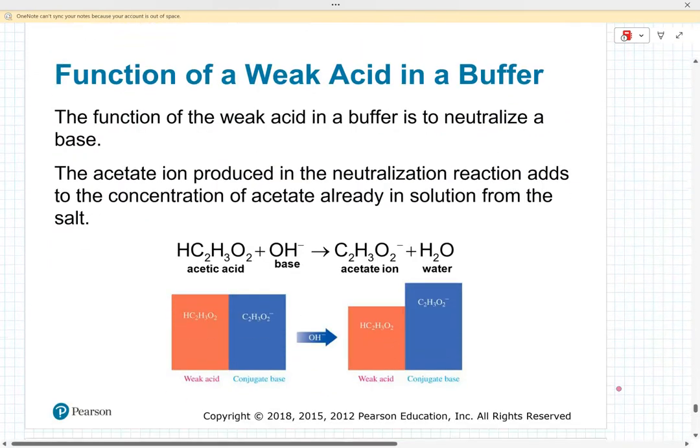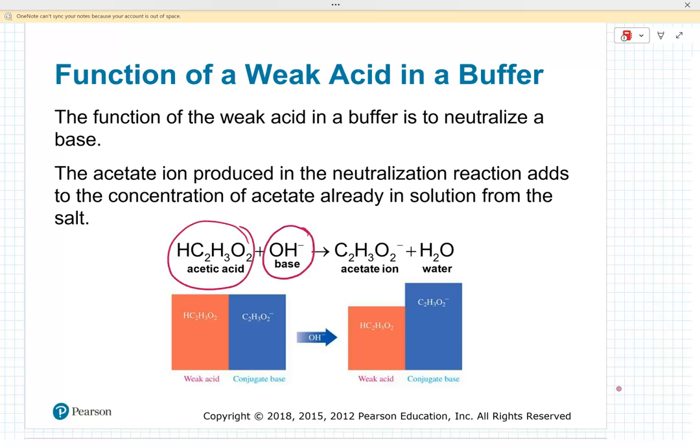Okay? Now look what happens when we add some base to the buffer. Remember in the neutralization, right? The base can be neutralized by the acid. So you reduce a little bit the amount of acetate and increase a little bit the amount of conjugate acid.